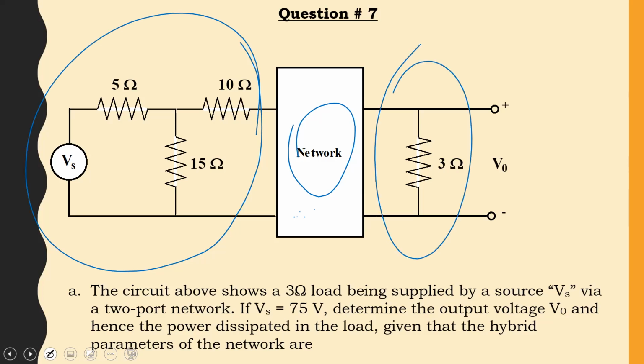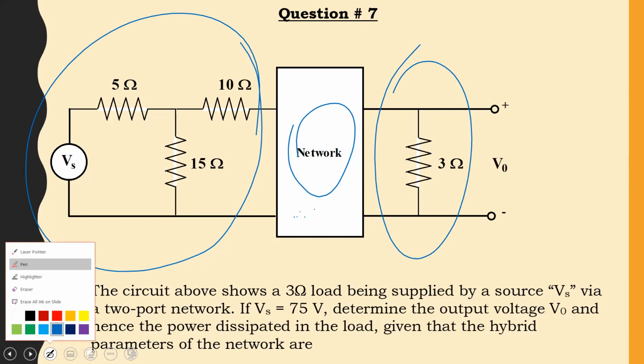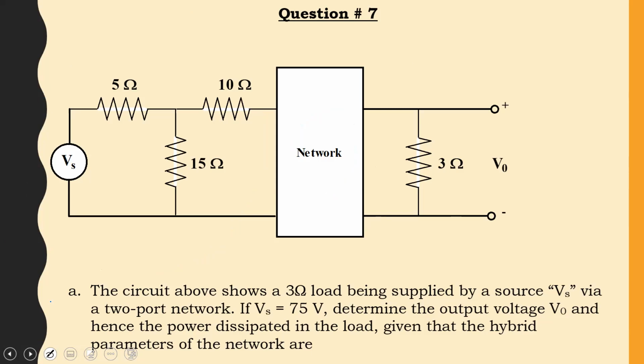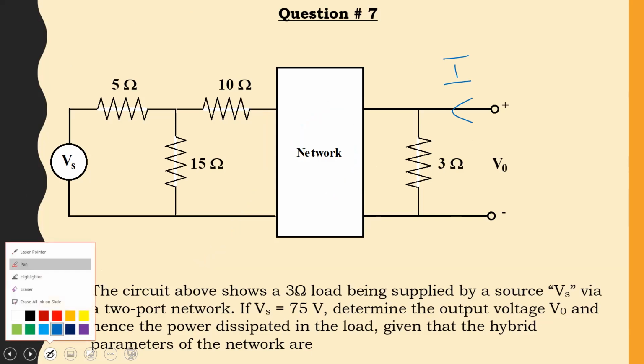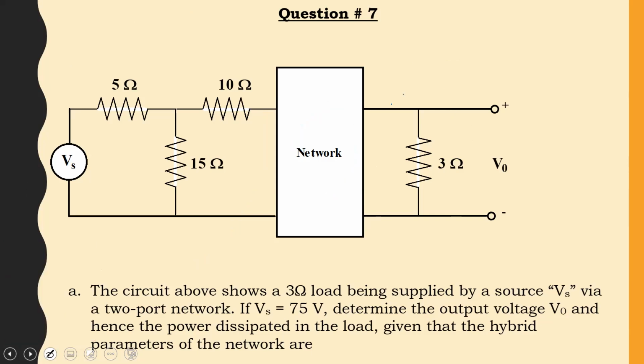All right? So, a couple of things you need to bear in mind. When we speak of V1, I2, I1, V2, I2 is the current going in, V2 would be here.